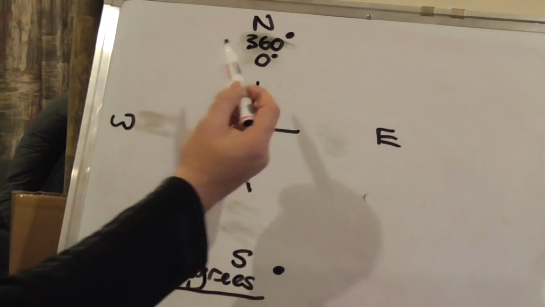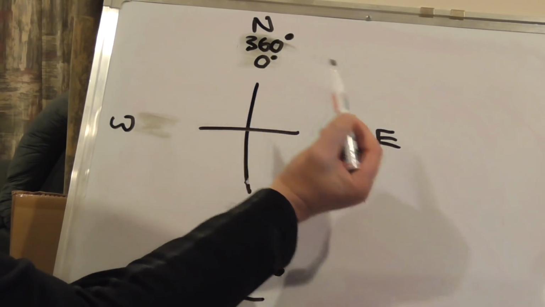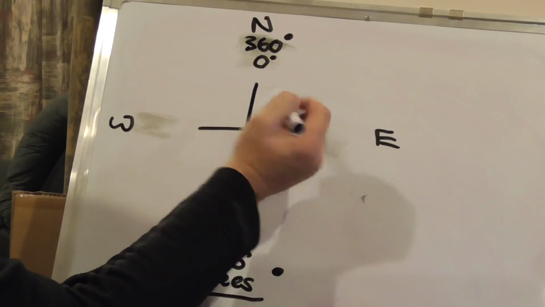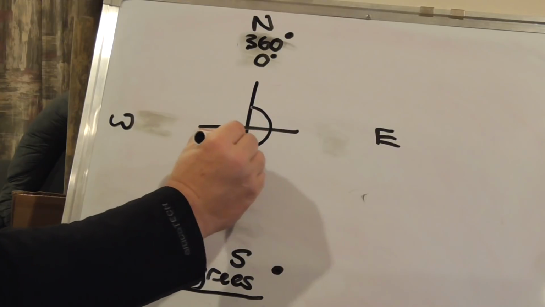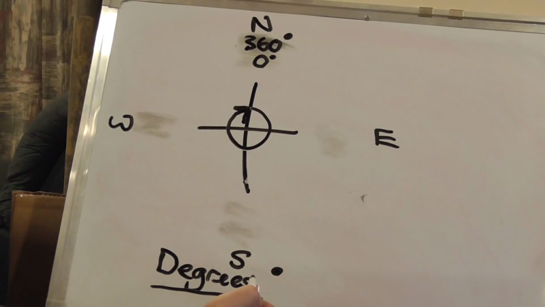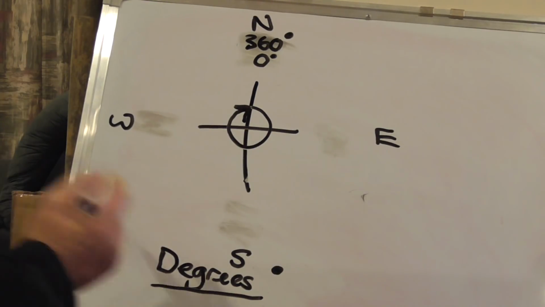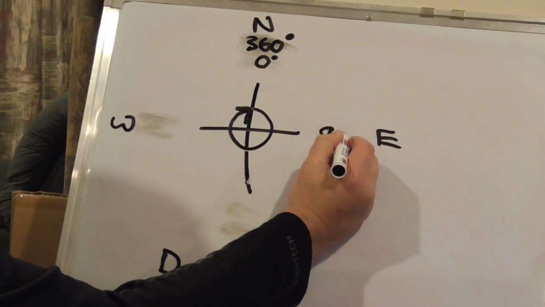So at the top, north can be classed as 360 degrees or 0 degrees. So we're giving them numbers now, and it goes around in a clockwise direction. As I said, out to our right here, we have 90 degrees.